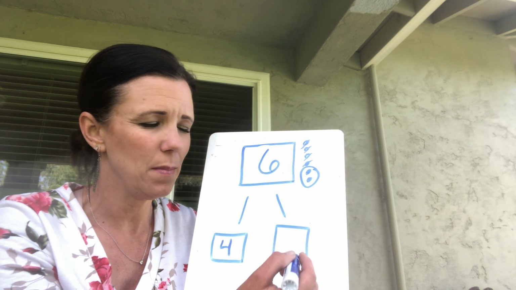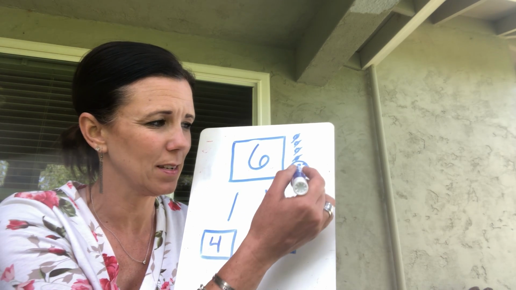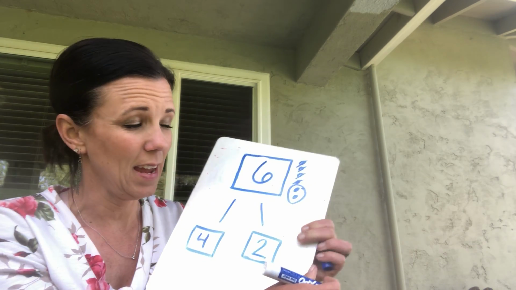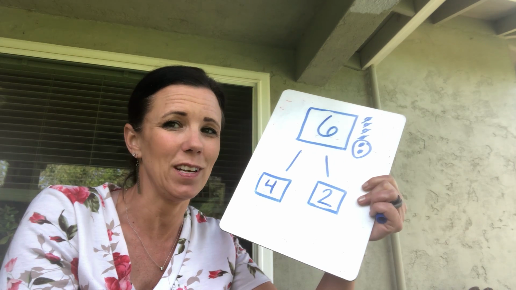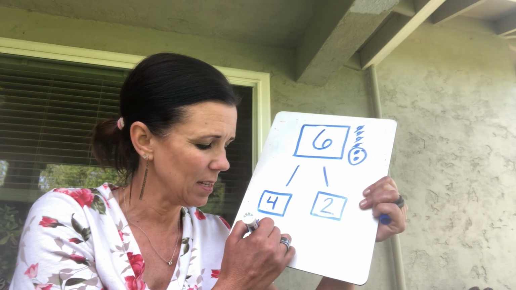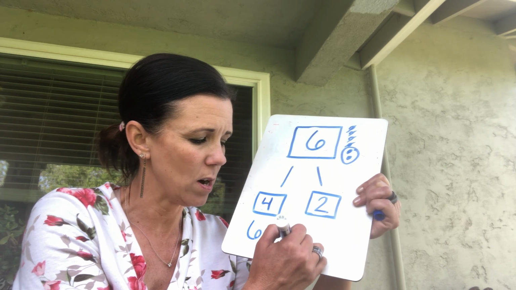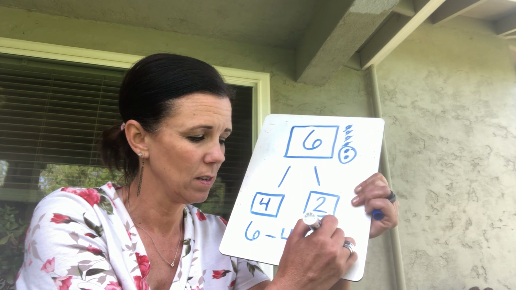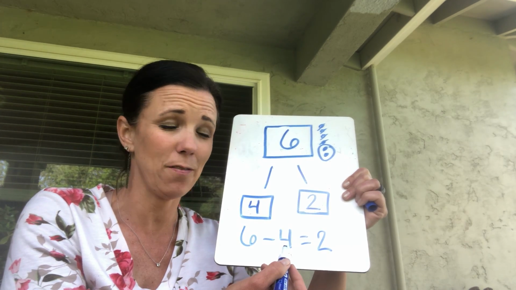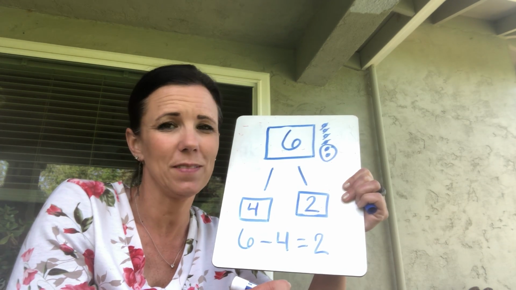Then I'm gonna count them and write it as my other part. 1, 2. Then I could write my number sentence for an extra challenge. My number sentence would look like this. 6 minus 4 equals 2. So I know if I have 6 and I take 4 away, I have 2 left.